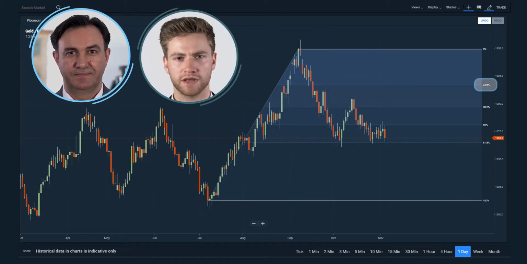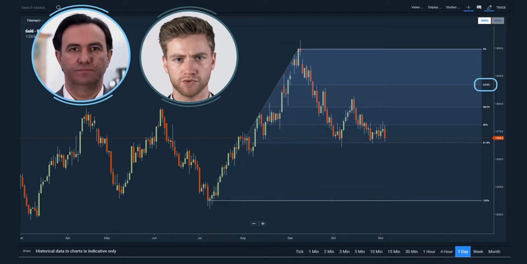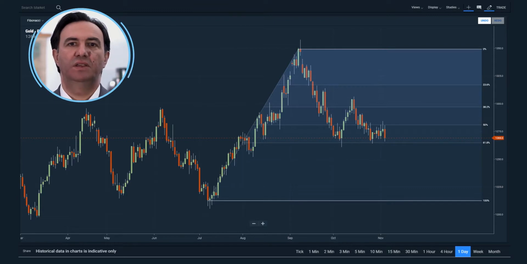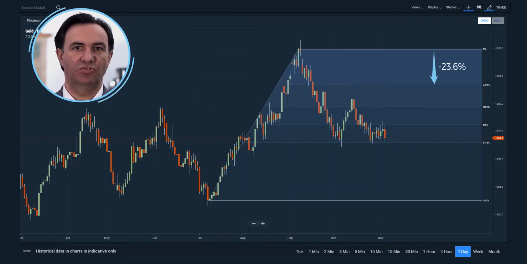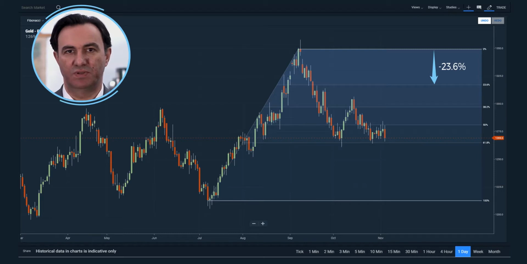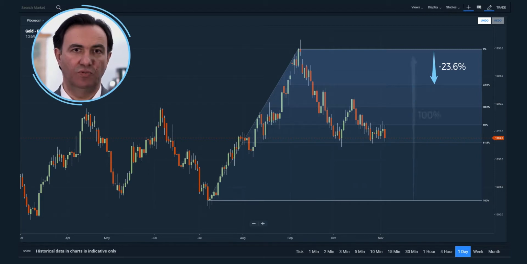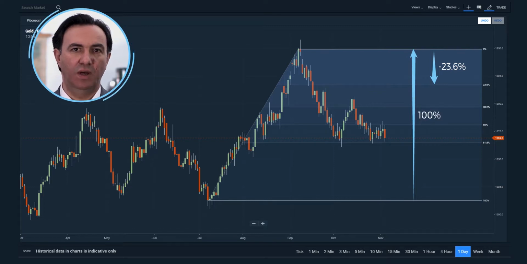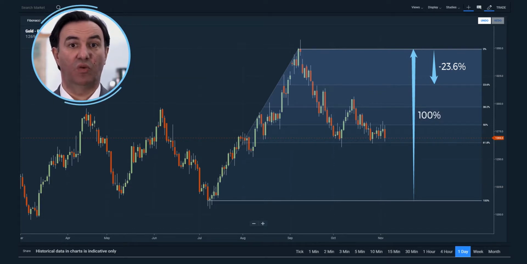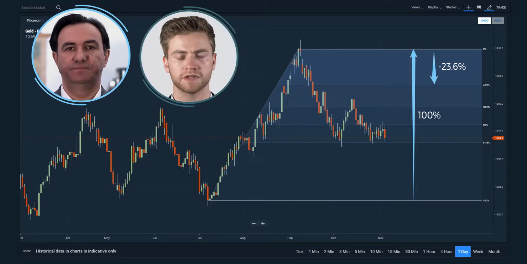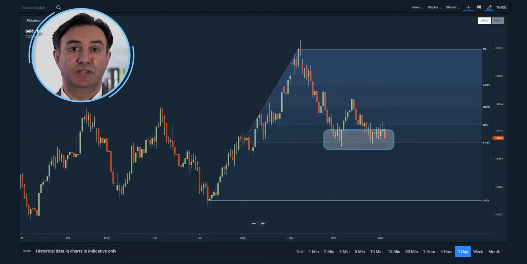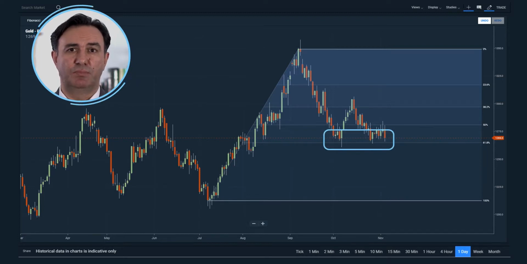So where it says 23.6% on this horizontal, what is the 23.6% of? It's the level the price would hit if the trend retraced 23.6% of the vertical move up of the total trend. Look, a 100% retracement would wipe out all the gains. Yes, okay, I see. We can actually see some support is forming at the 61.8% horizontal.